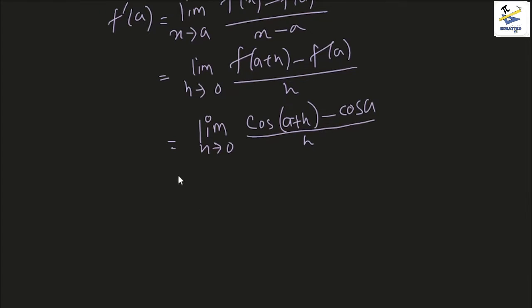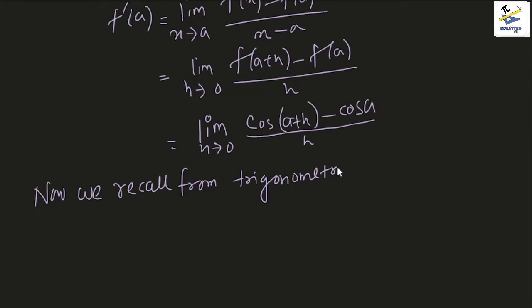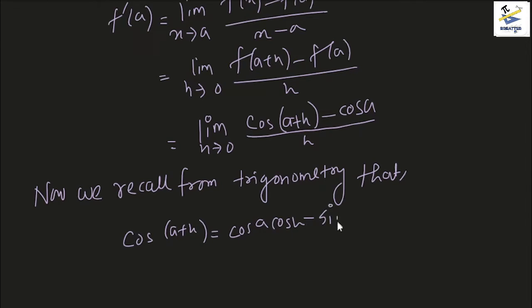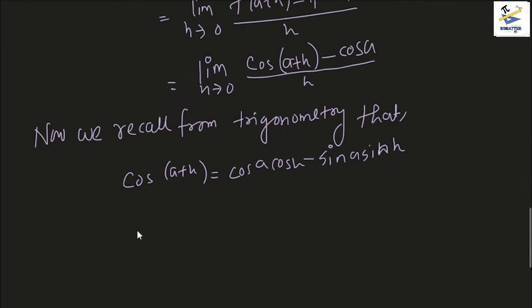So this means now we have to use the formula from trigonometry that cos of a plus h is equals to cos a cos h minus sin a sin h. Using this formula, what we can do is as follows.